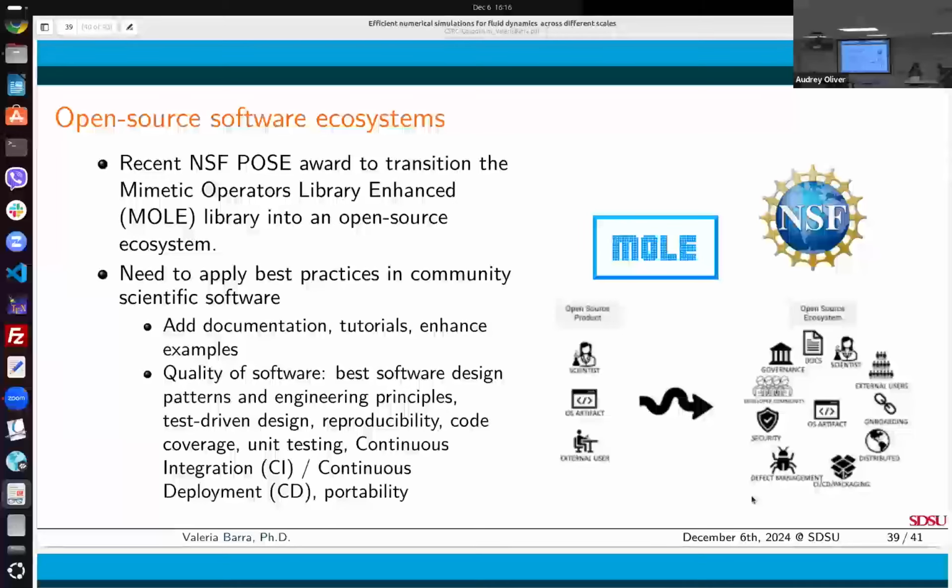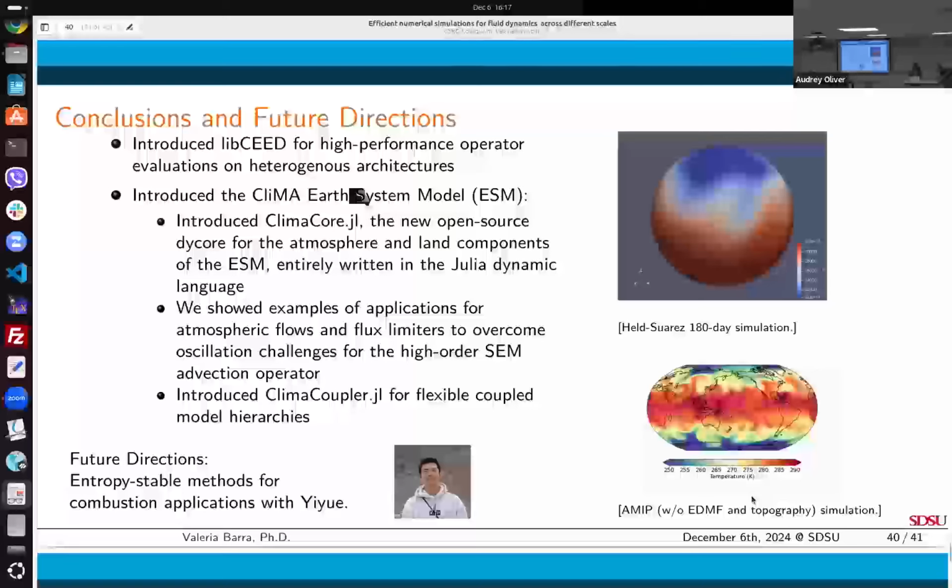This is an ongoing project with Dr. Castillo's research group. And in the future, this is just my conclusion, we're potentially working on some entropy stable methods for combustion applications.